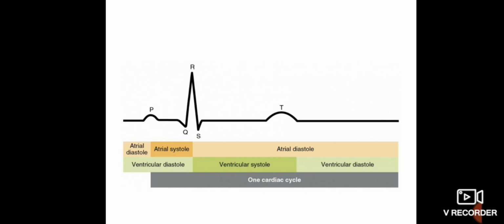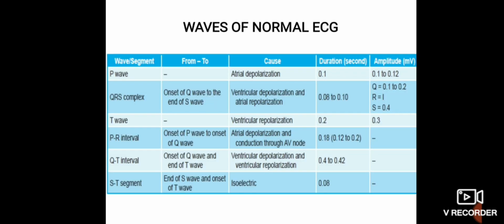After the ventricular diastole, the ventricular systole will happen, and the S wave starts from there. This is one cardiac cycle. Then this is the normal ECG waveform duration and amplitude chart. The normal ECG waveform has the P wave, QRS, T wave, PR interval, QT interval and ST segment, with their causes, durations and amplitude values.